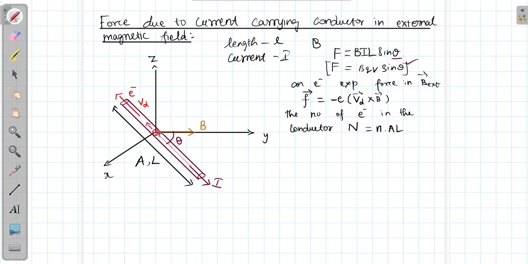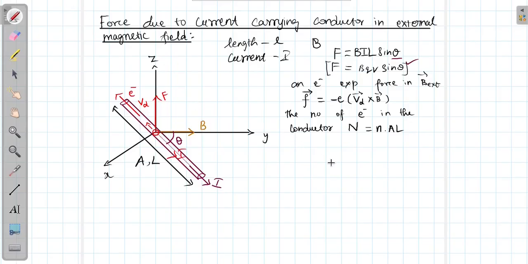Based on Fleming's rule or the cross product rule, the direction of force will be along the Z axis for this case. Because here it is current and here it is magnetic field, so obviously it is in the upward direction, that is Z.